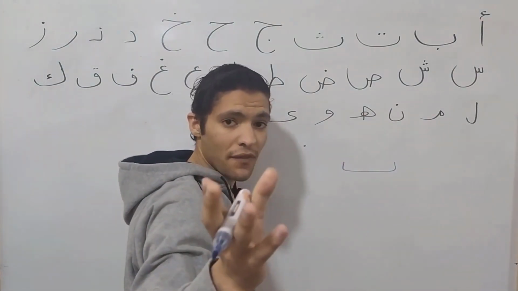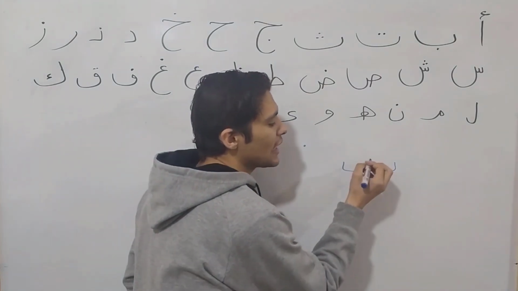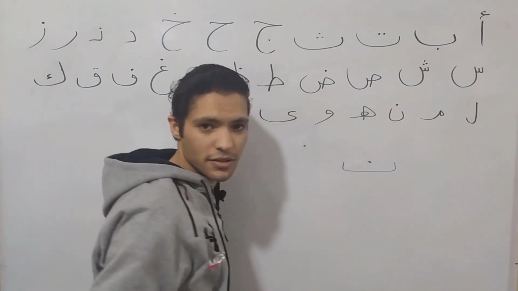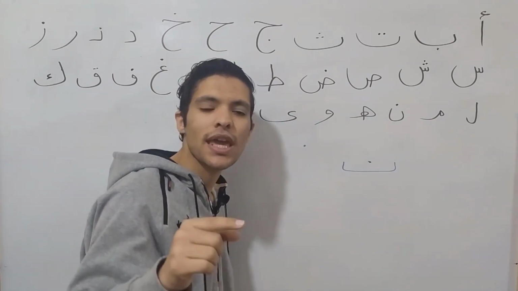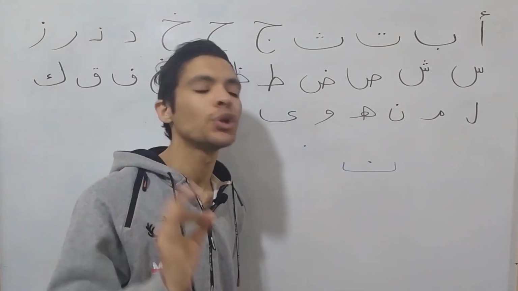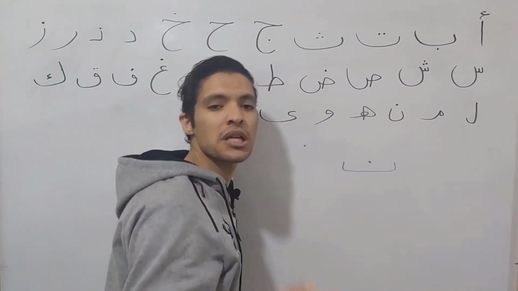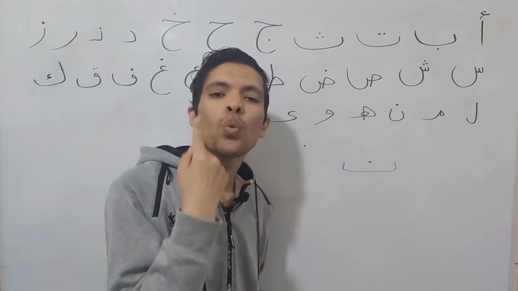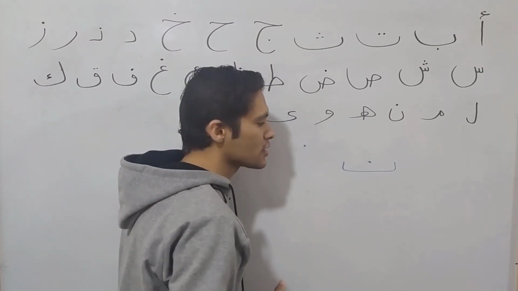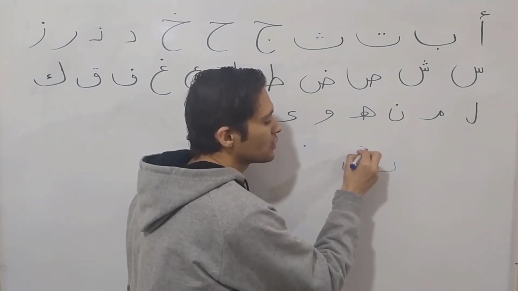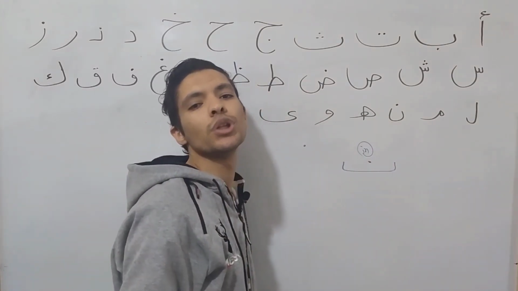If your daughter sleeps in the bed, one daughter sleeps in the bed, so you say in, like noon. So this letter is called noon: in the bed, just one daughter, which means one dot, sleeps in the bed. So it's noon, noon, noon.